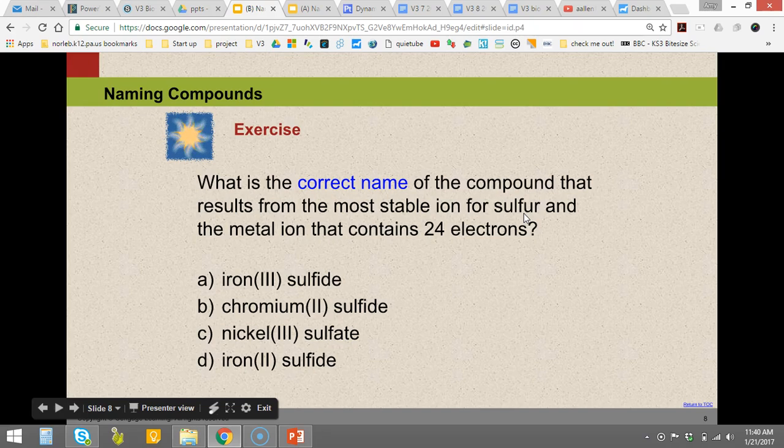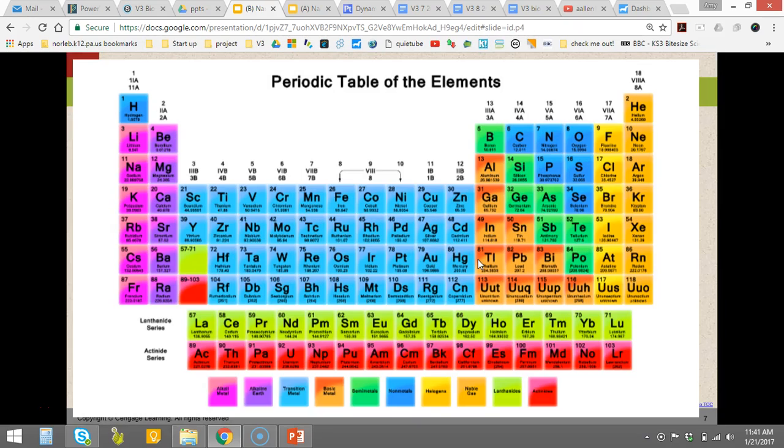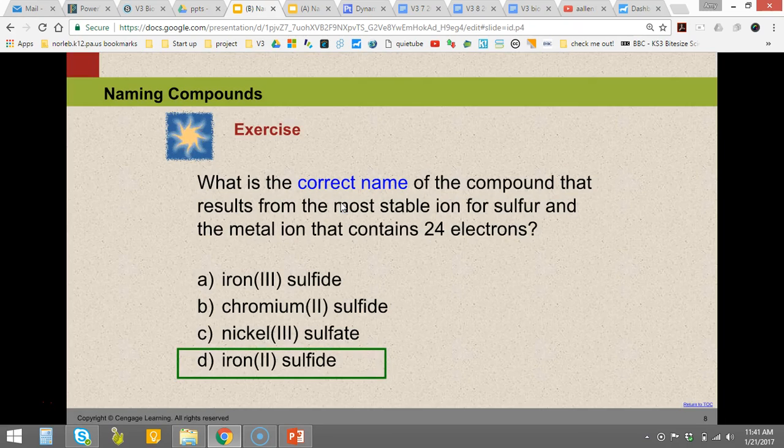If sulfur is the -2, that means our metal element has to be a +2. So which element would have 2 extra protons? If we go back, here's 24, 2 extra protons would be iron. So the name of this particular compound is iron(II) sulfide.